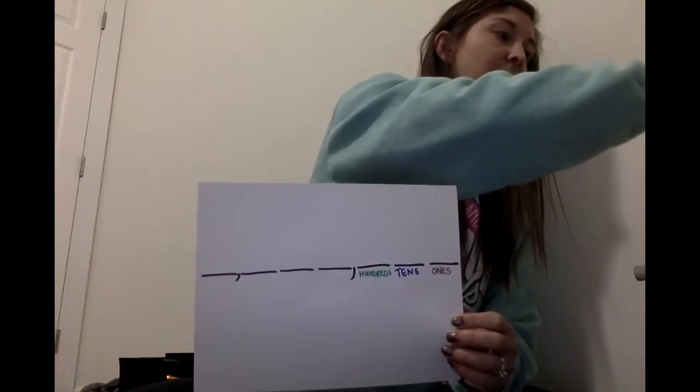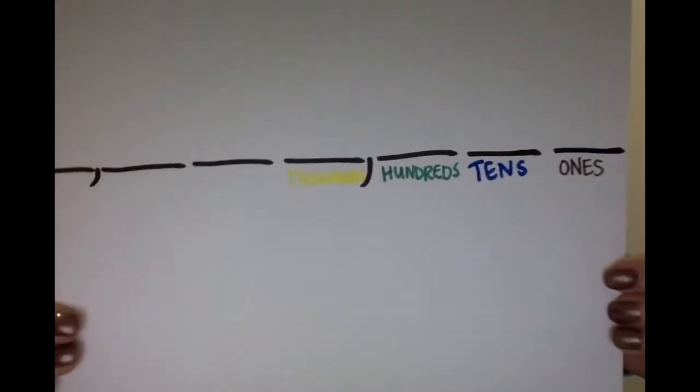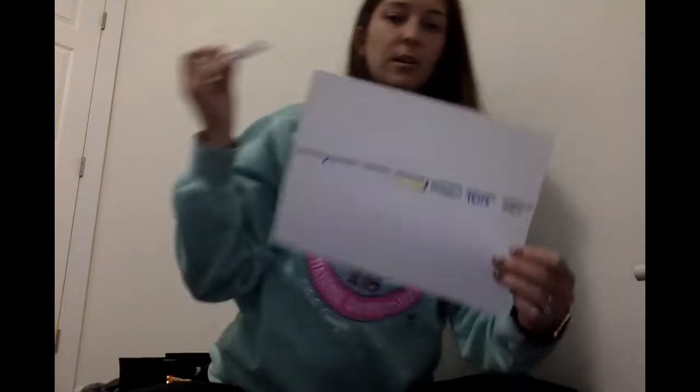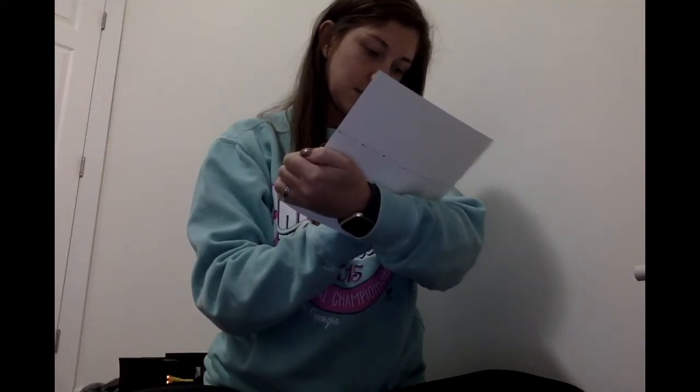So after the hundreds, I have the thousands, and this is going to be in yellow, so it might be hard to see, but there's the thousands place. In front of the thousands place, we have the 10,000s place.